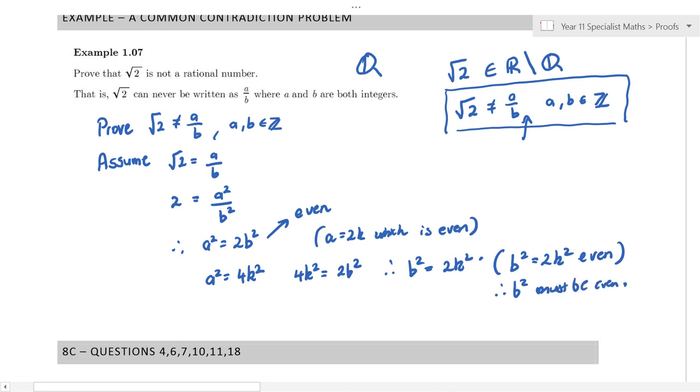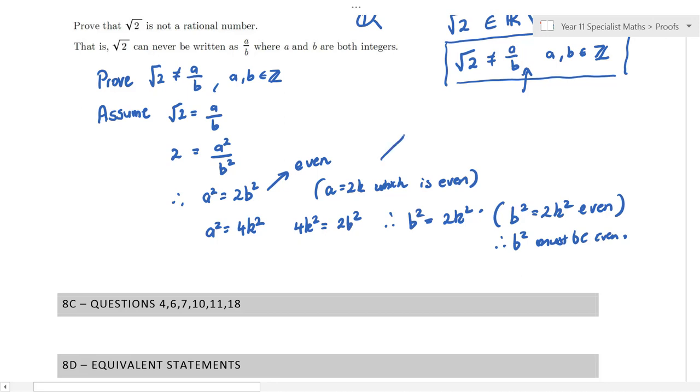Okay, now, since we've established that A and B are even, contradiction. Because if I have 2 even numbers, haven't I just found they're a fraction that can be simplified?